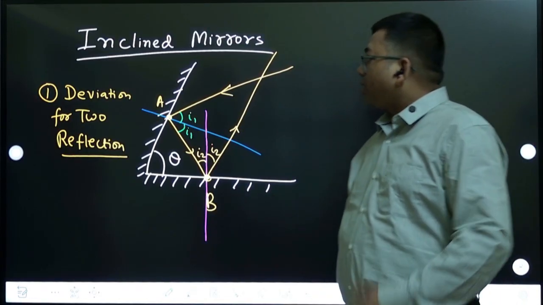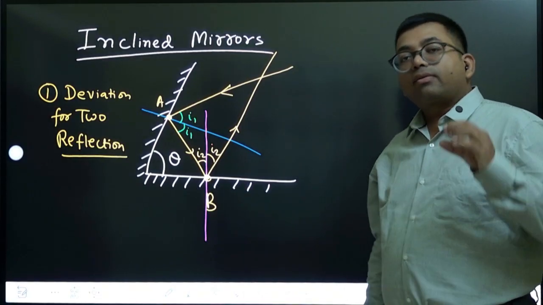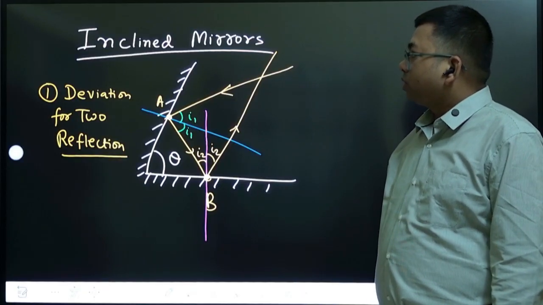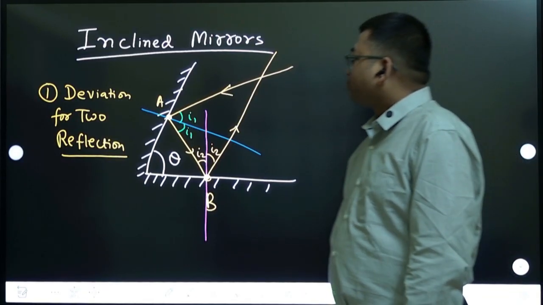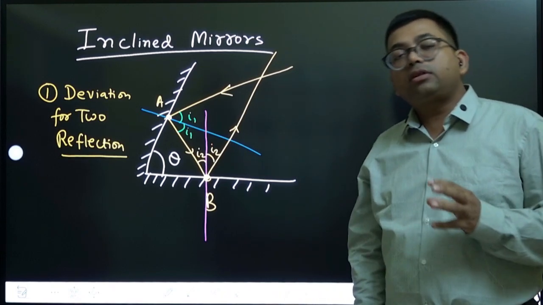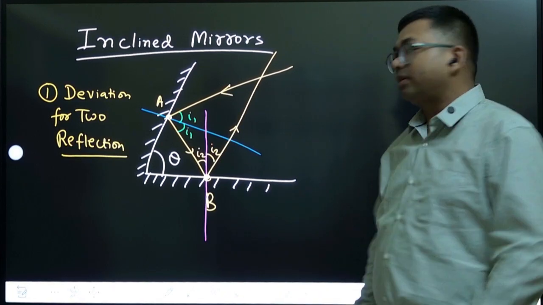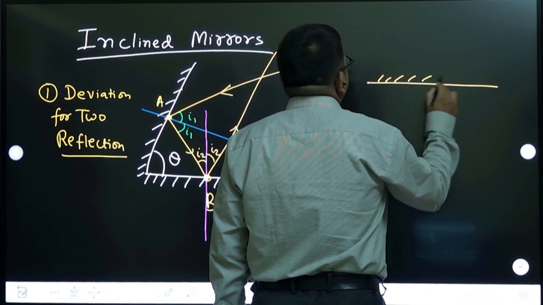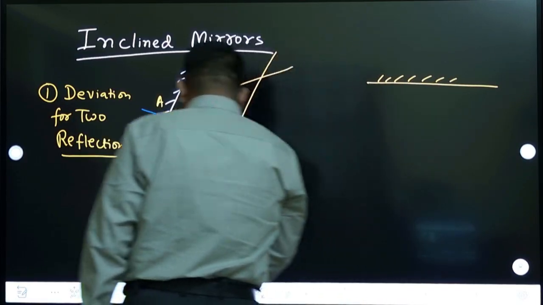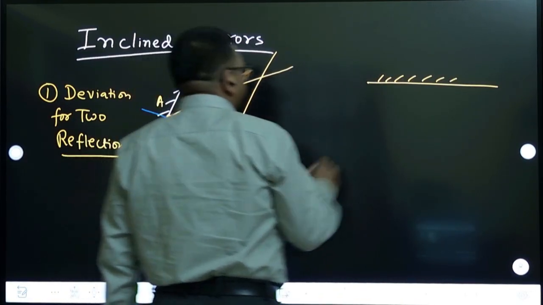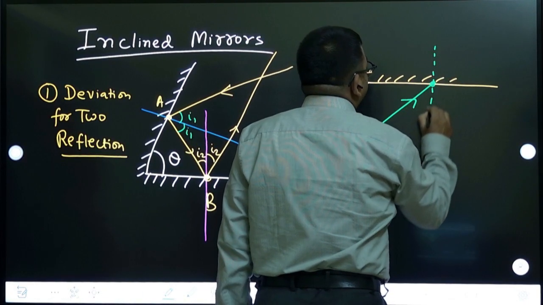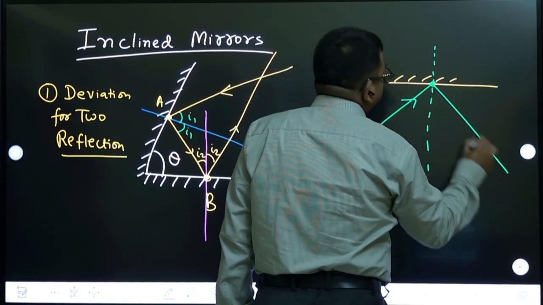Right. So what do we want to calculate? We want to calculate the deviation. First of all, we need to understand what is deviation for a single reflection. Suppose I take a plane mirror, and a ray of light is coming like this, with the normal at this point, and this is the reflected ray.